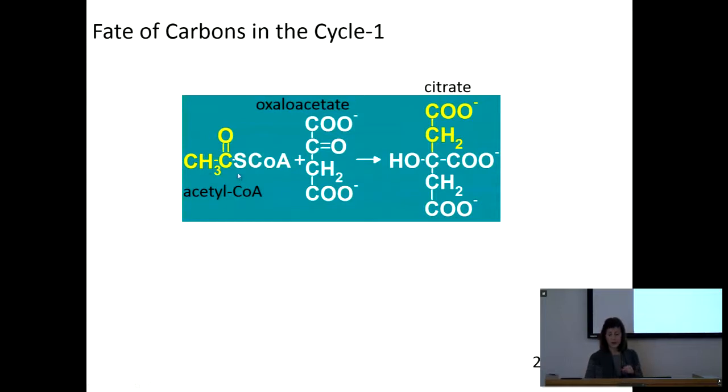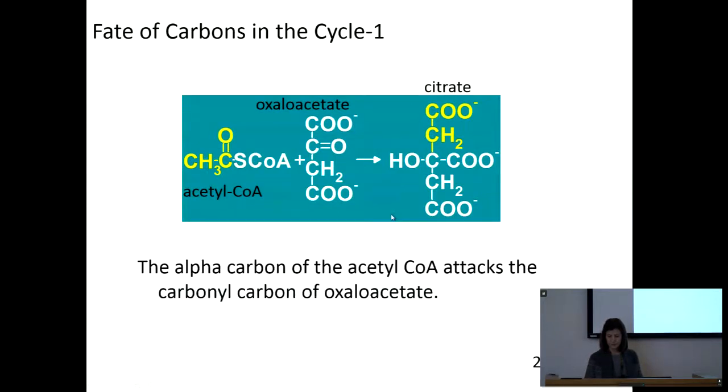So they found that when you condense the oxaloacetate and the acetyl-CoA, this is where those 2 carbons go, in the position of the citrate. Here, the alpha carbon of the acetyl-CoA attacks the carbonyl carbon of the oxaloacetate.